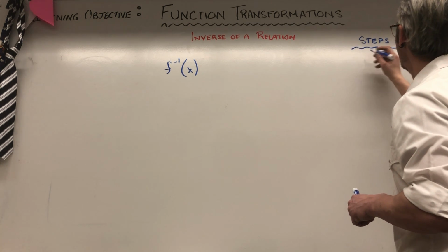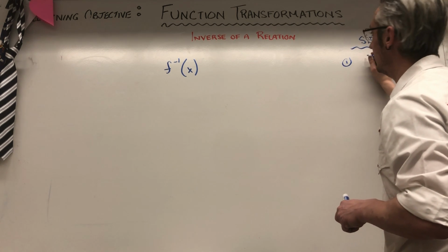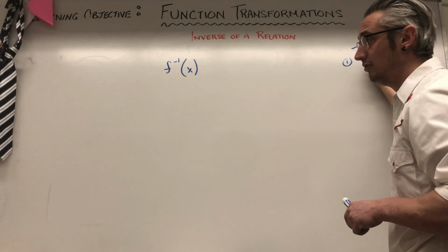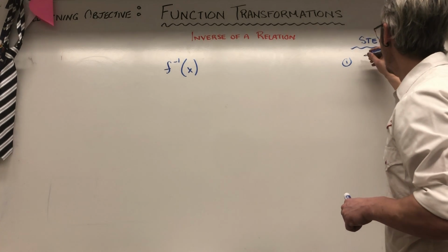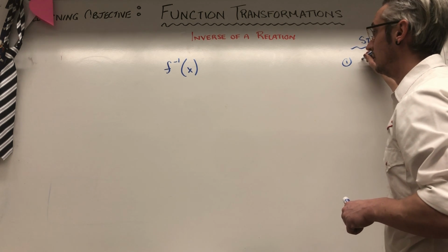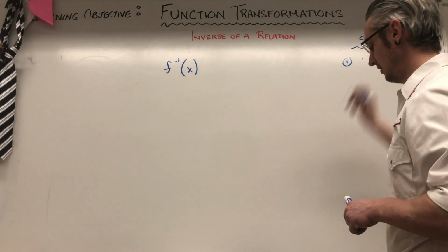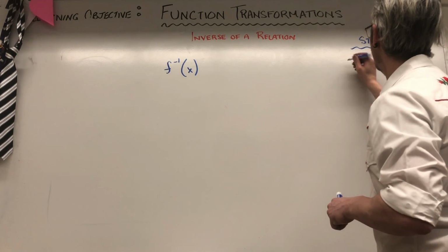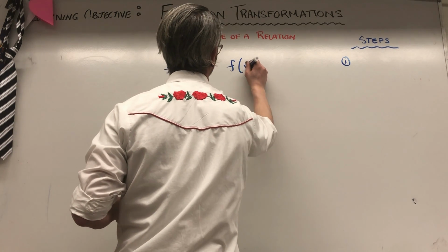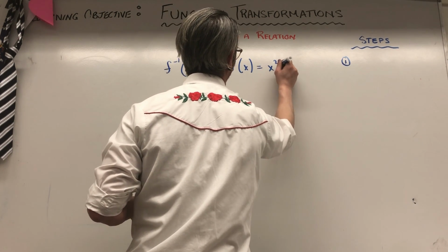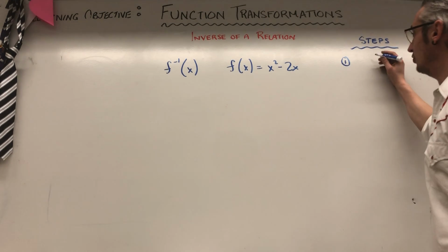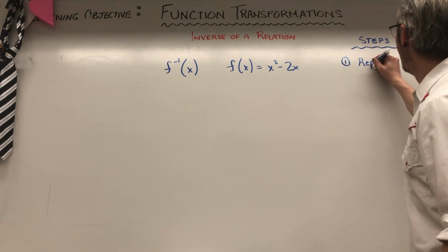Don't want to spend too long on this, but here are the steps. Step 1 is solve for the inverse of the relation. So if I have some function f of x equal to x squared minus 2x, for example, the first thing I'm going to do is replace f of x with y.